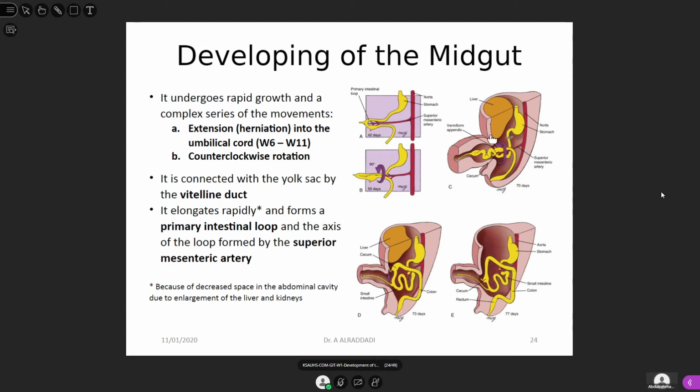That is, the midgut will extend outside to the yolk sac and then go back. This extension or herniation into the umbilical cord occurs between week 6 and week 11, and includes a counterclockwise rotation of 270 degrees.